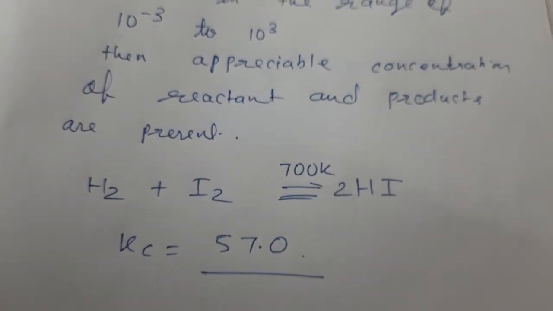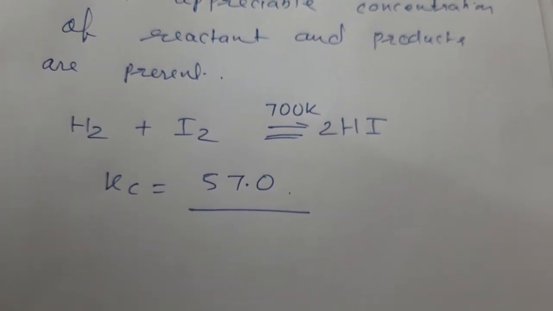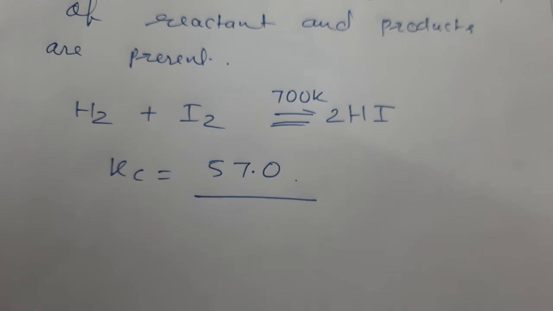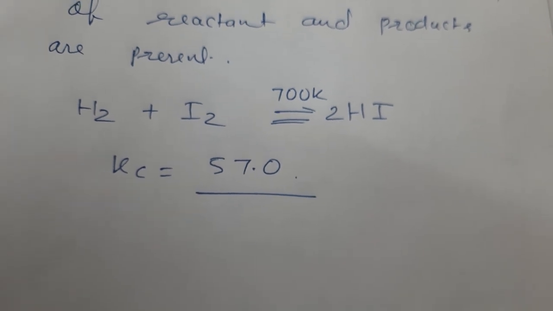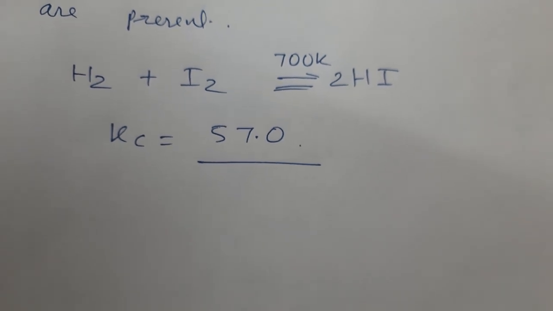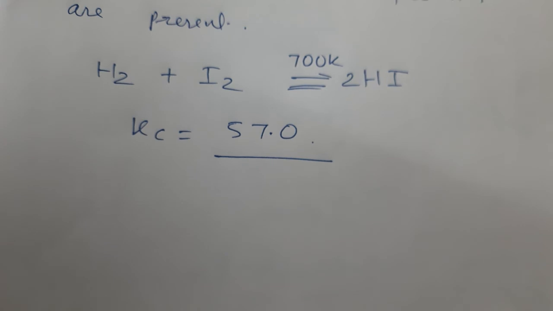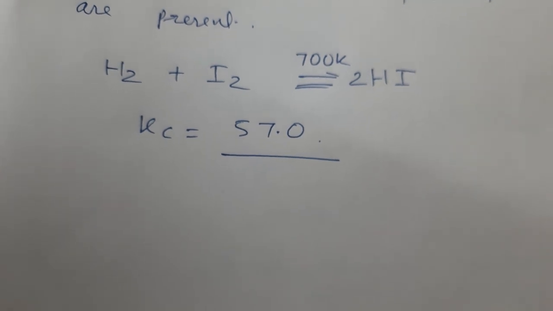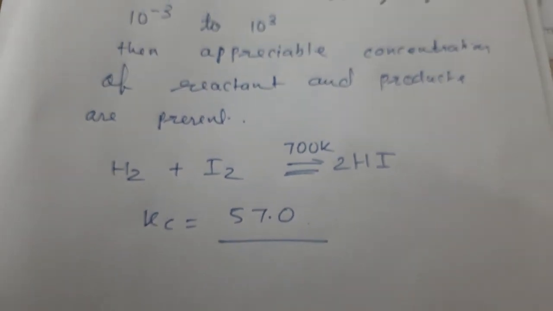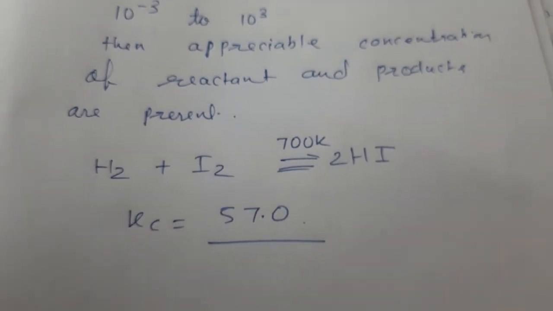Here moderate amounts of both reactant and product are present. Another example is the thermal decomposition of N2O4 to NO2, where Kc is 4 into 10 raised to power minus 3, which is neither too small nor too large. Right, children? So in this way it is there. Tomorrow I will tell you how the equilibrium constant helps in the prediction of direction. Okay, beta? Thank you.